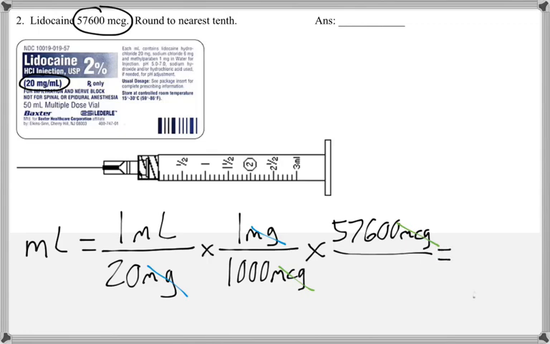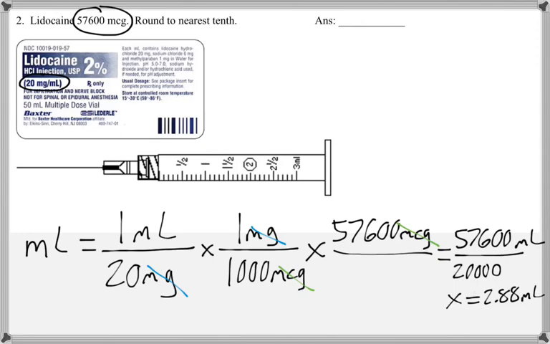So if I multiply the tops, that's going to be 57,600 mLs over, if I multiply the bottoms, that's going to give me 20,000. So then if I divide, then I'm going to get 2.88 ml, which we're supposed to round to the nearest tenth.